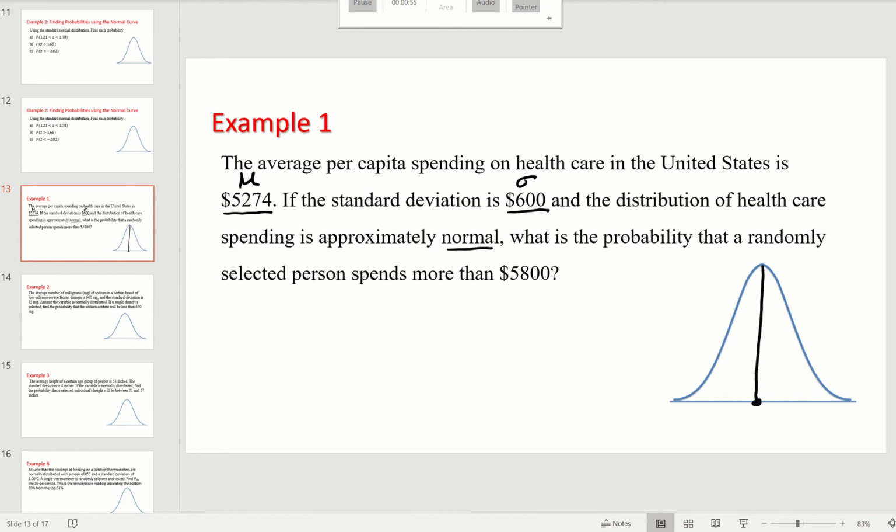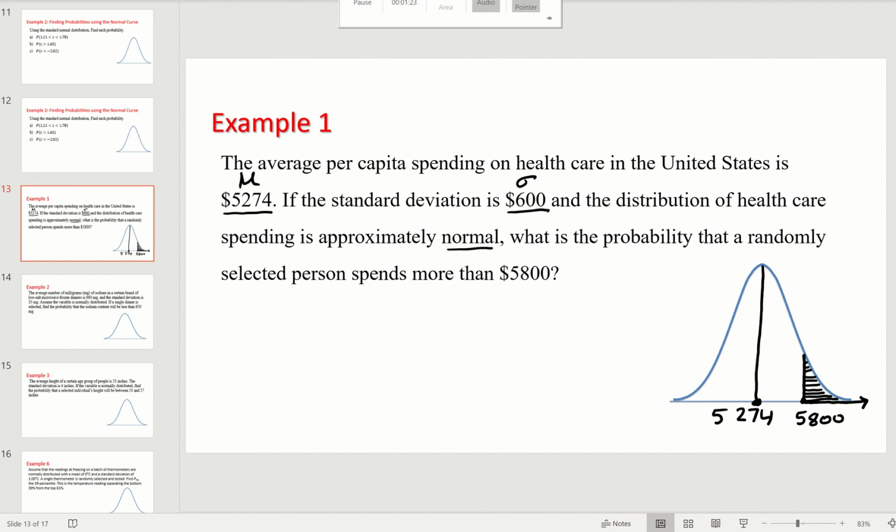So that is your $5,274. And you have to find the probability that the spending is more than 5,800, that's from 5,800 all the way to infinity. So that probability is equal to this area under the curve from 5,800 up to infinity.